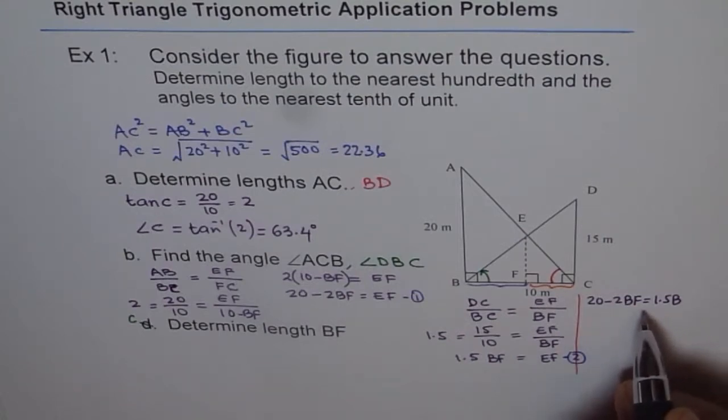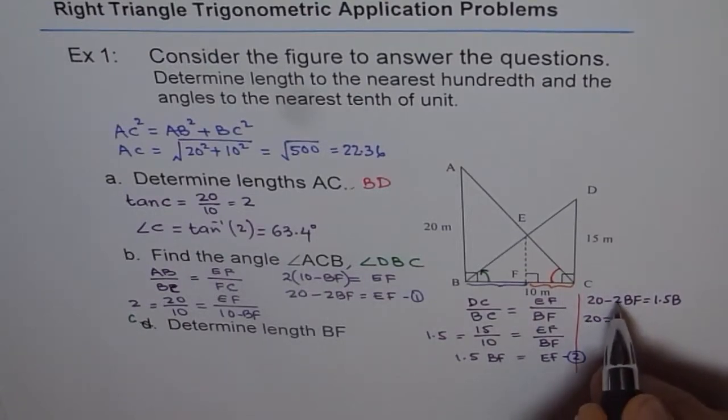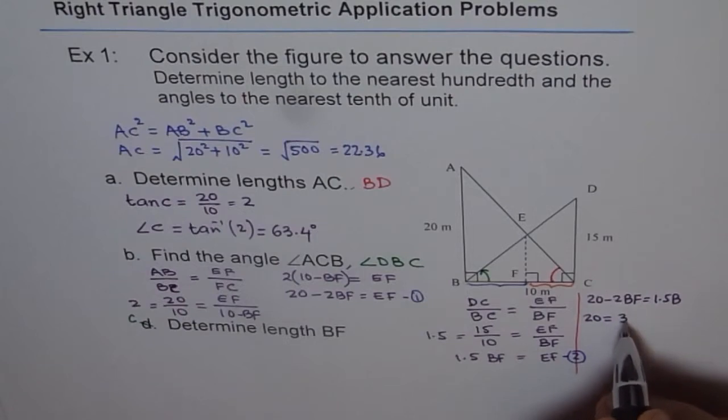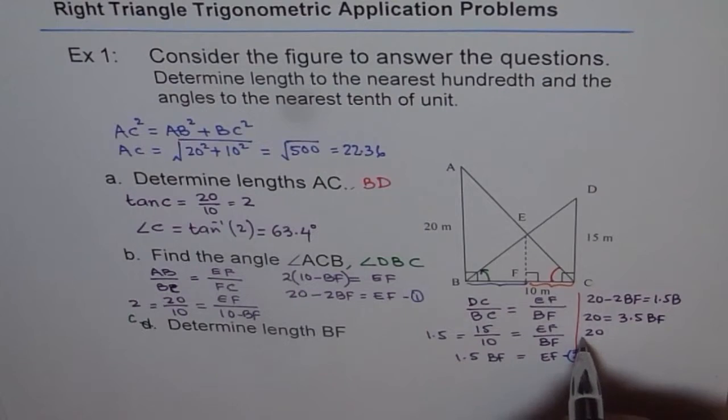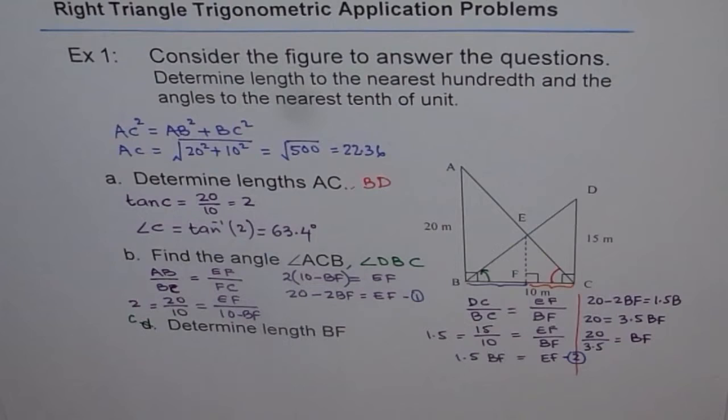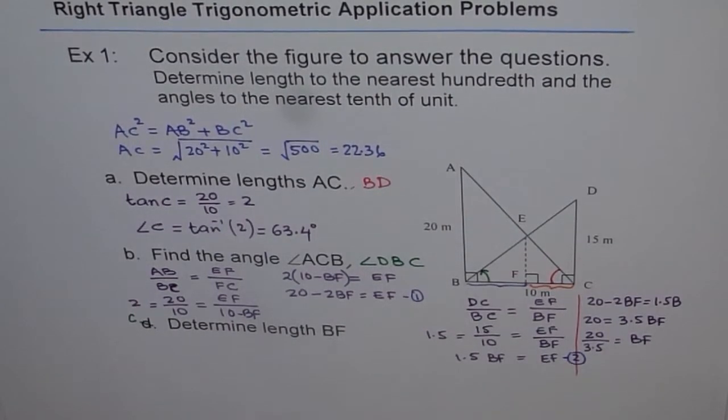We'll bring this to the other side, so we get 20 equals 2 plus 1.5, let me write 3.5 BF. Is it okay? So BF is equal to 20 divided by 3.5.